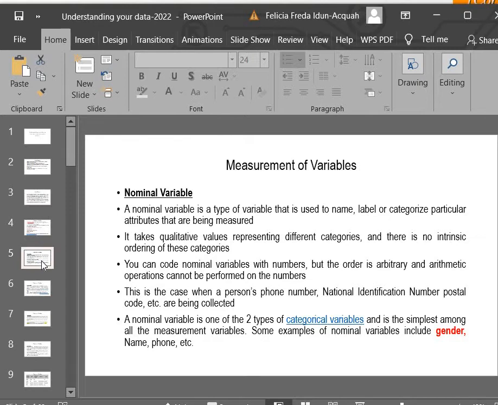Attaching value 1 for a smoker and value 2 for a non-smoker is just meant to help in classifying or labeling the smoking status of the respondents in the study. Therefore, the values they take have no intrinsic ordering in terms of the categories of the variable.